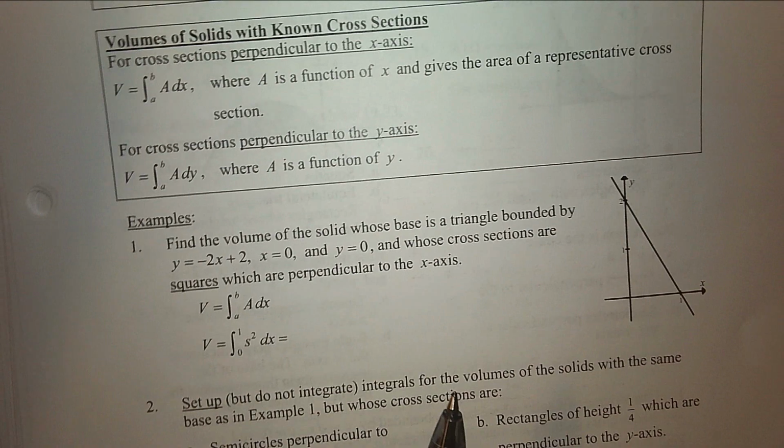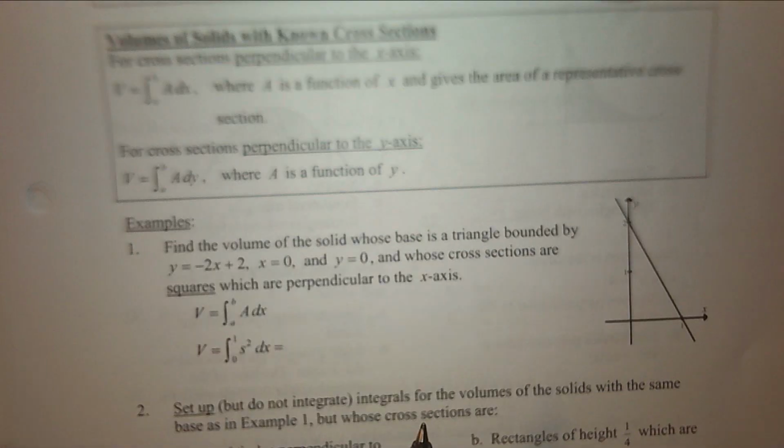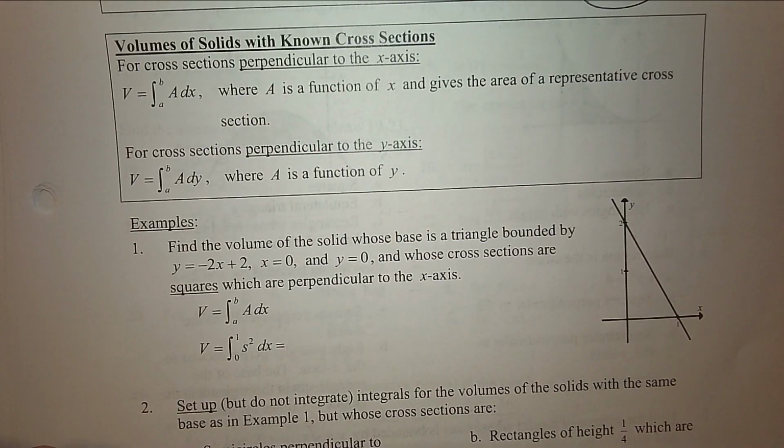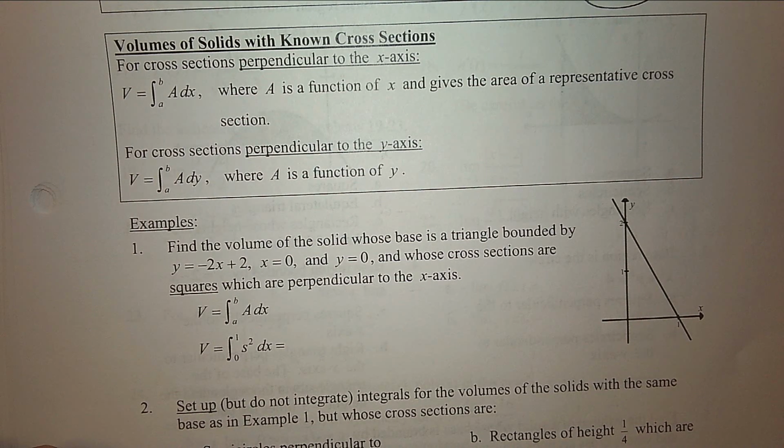Let's keep reading on. Volumes of solids with known cross-sections. For cross-sections perpendicular to the x-axis. What does that mean, perpendicular to the x-axis? Do they cross over the x-axis? Or are they in the same direction as the x-axis?